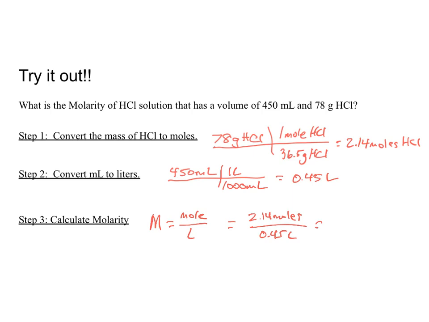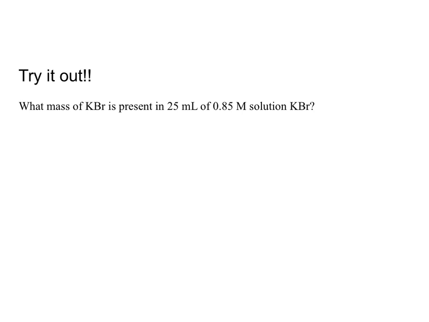And when I do that math, that gives me an answer of 4.75. And remember, we always want to have a unit on our answers, which is a capital M, which stands for molarity.